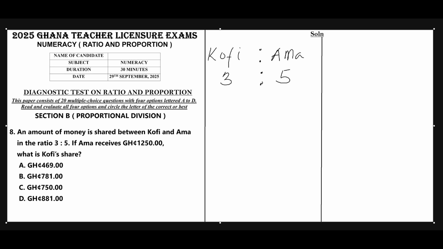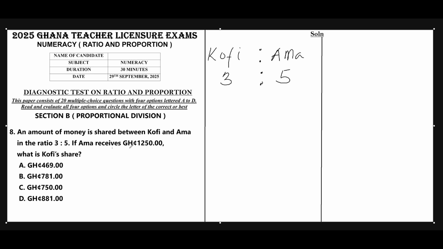So always in a proportional division question, an item will be given. In this particular question, we are given an amount of money, which is 1,250 cedis. So always find a certain ratio that corresponds to the given item. In this case, the ratio that corresponds to the amount 1,250 cedis.